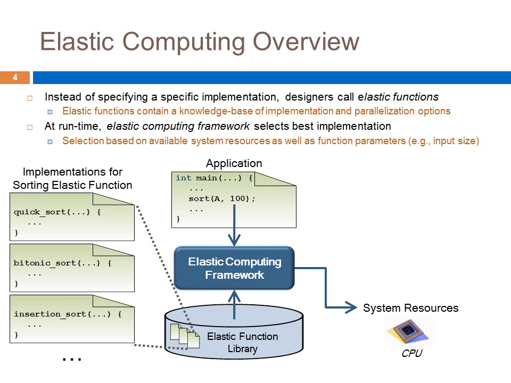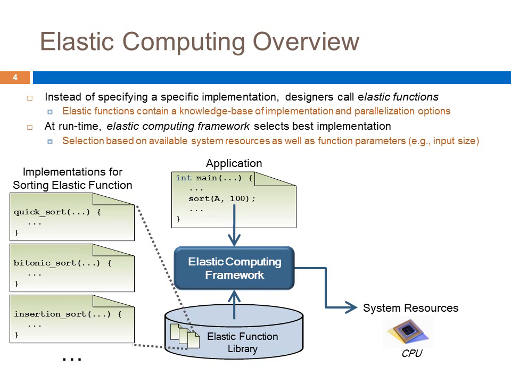So the way that elastic computing addresses these problems is by, instead of having a designer specify a specific implementation, whenever possible, the designer would call what we call an elastic function that's provided from some large function library.